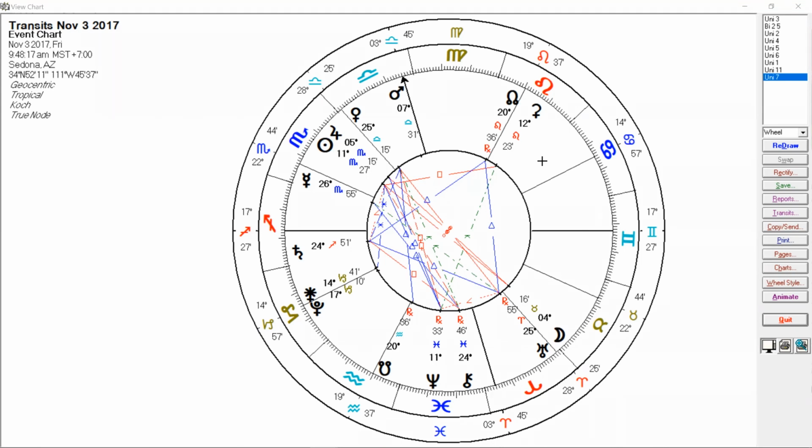We ultimately learn to become all the signs. We are interacting with many players in our chart, but we're actually interacting with many energies.